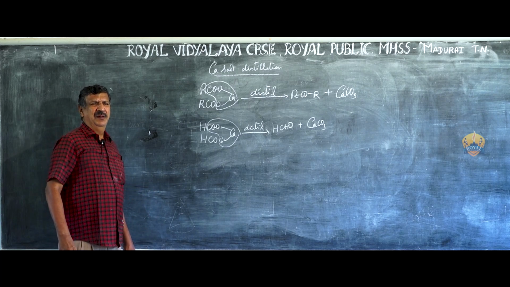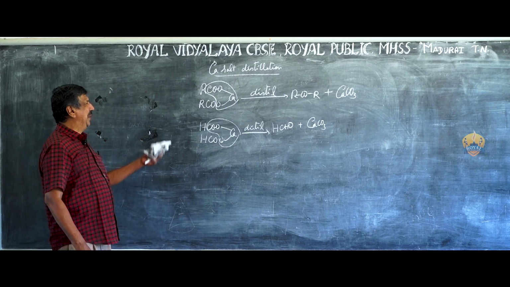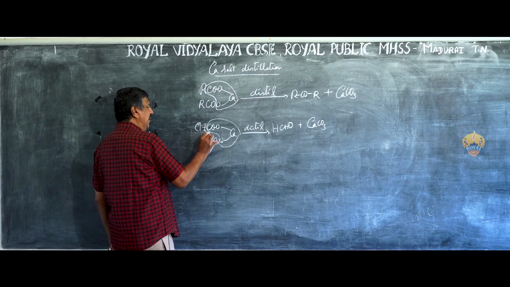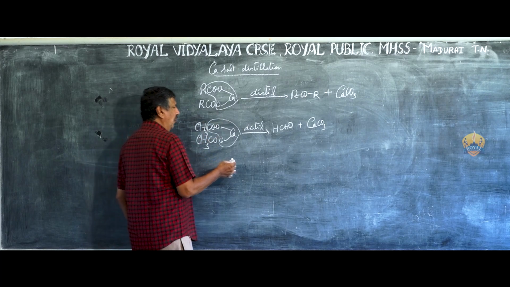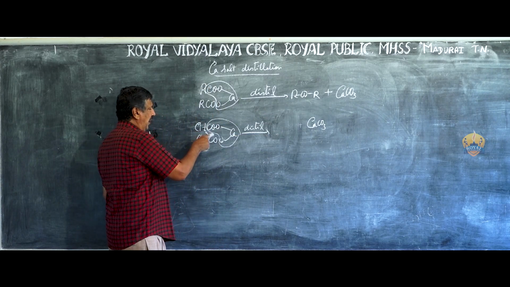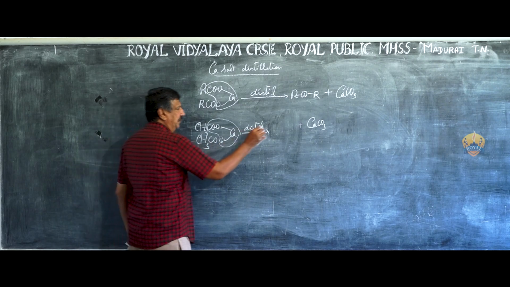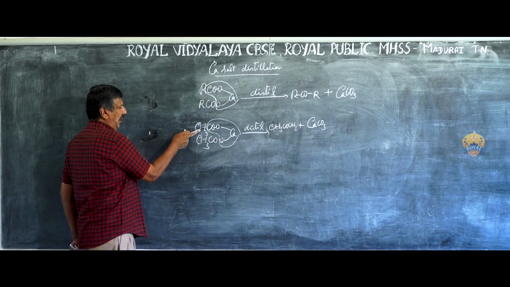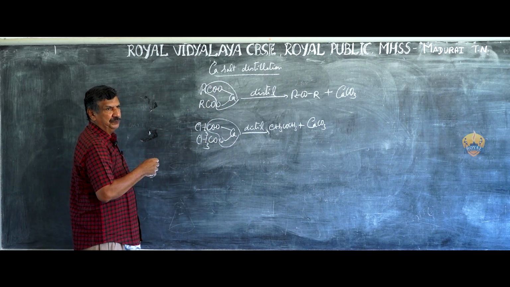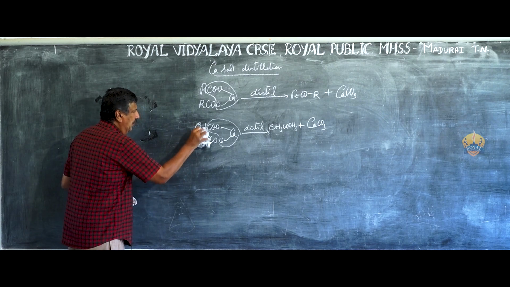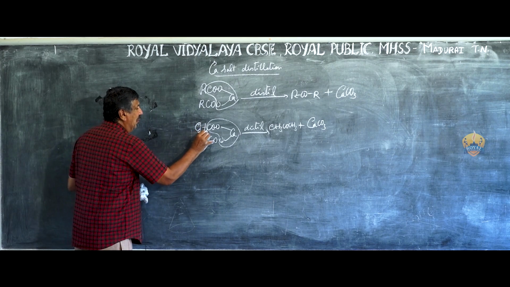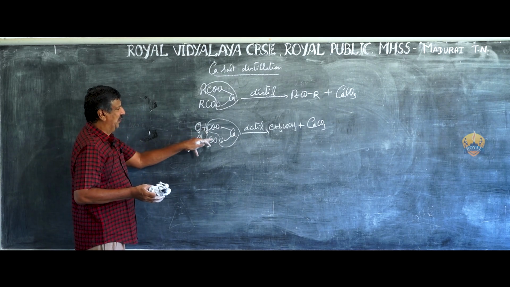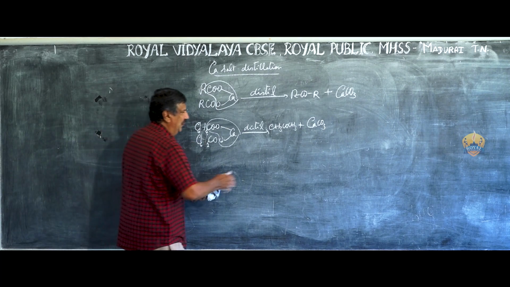If somebody asks you calcium acetate, you write calcium acetate and check the answer: CH3COCH3. The product will be like this. If somebody asks, sir, calcium benzoate, what can I do? Same thing: C6H5COC6H5.